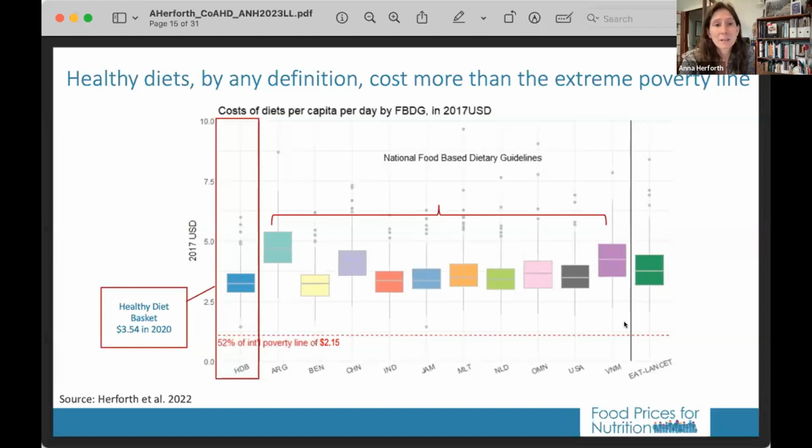Any of the different letters on the bottom there represent different countries' national guidelines and the cost of each of those national guidelines, whereas the healthy diet basket is on the far left in blue.